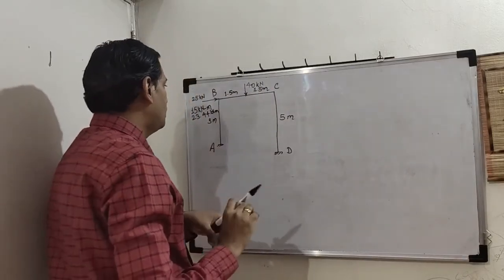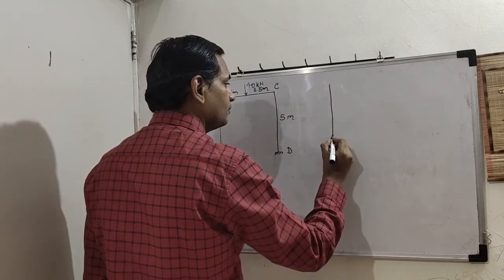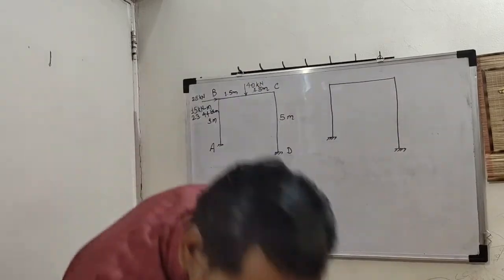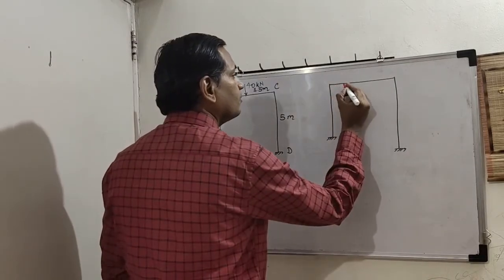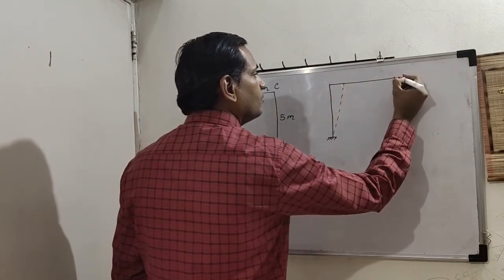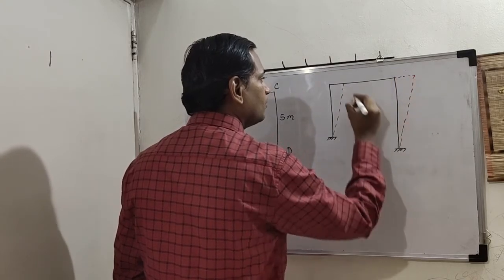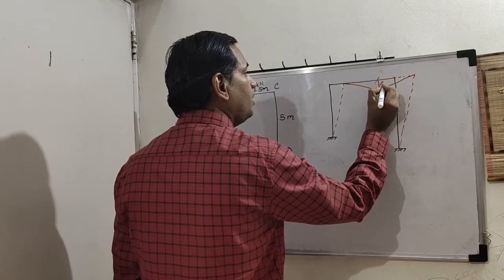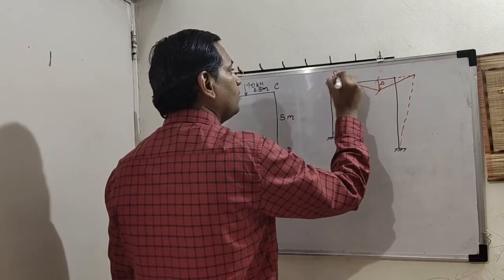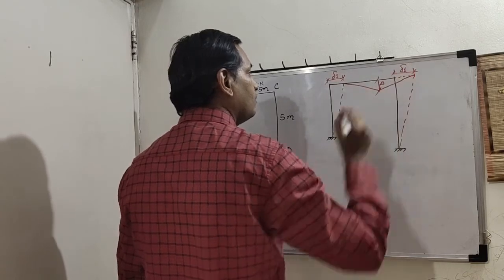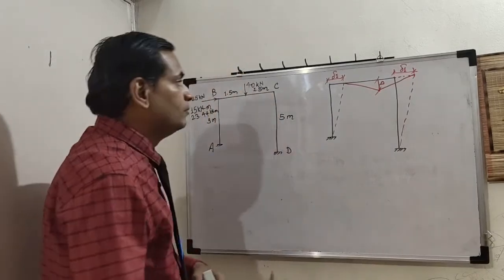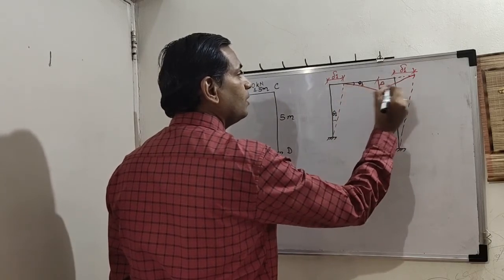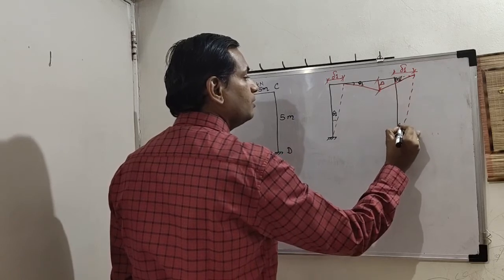So I will show here combined mechanism. Okay, so this is delta, this is delta 1, then this is theta 1, this is theta 1, this is theta 2, and here is theta 2.